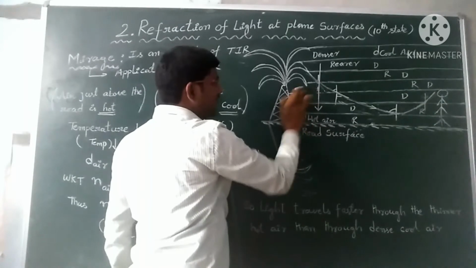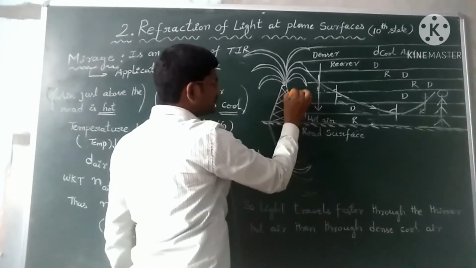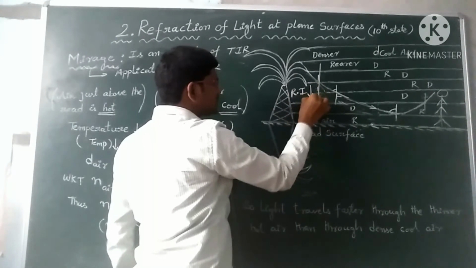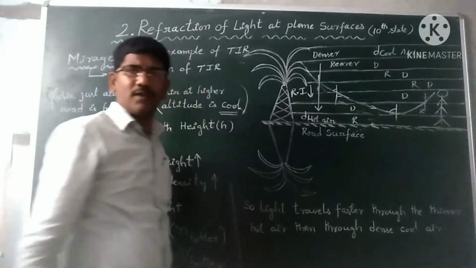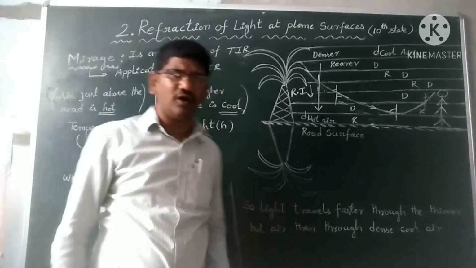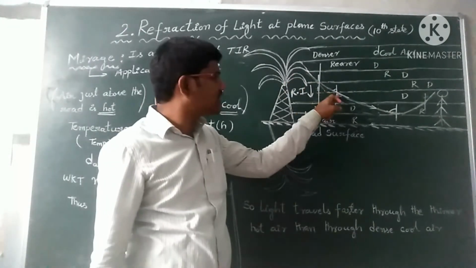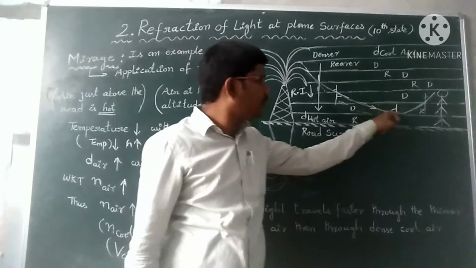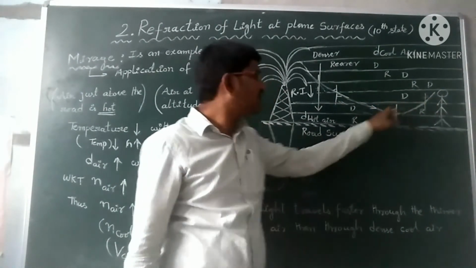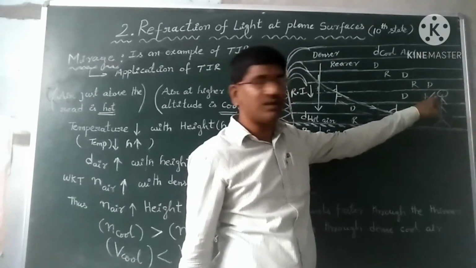It suffers refraction and follows a curved path because of the total internal reflection, and reaches the observer as shown in the figure.